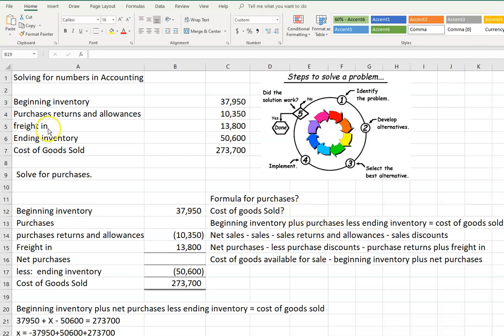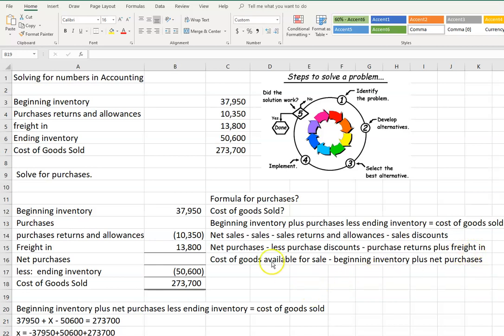All right, so a few more things just to note here is that you know what the word net means. Net just means, for example, if it's net sales, sales minus sales returns and allowances minus sales discounts gets you to net sales. Likewise, net purchases is purchases less purchase discounts less purchase returns, and then you actually add freight in because freight in gets added to the cost of purchases.